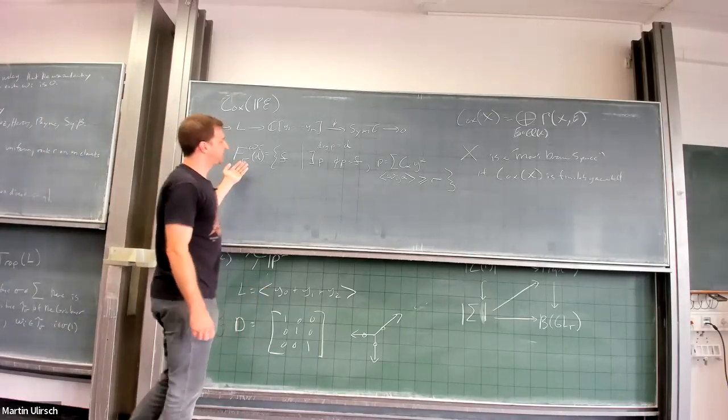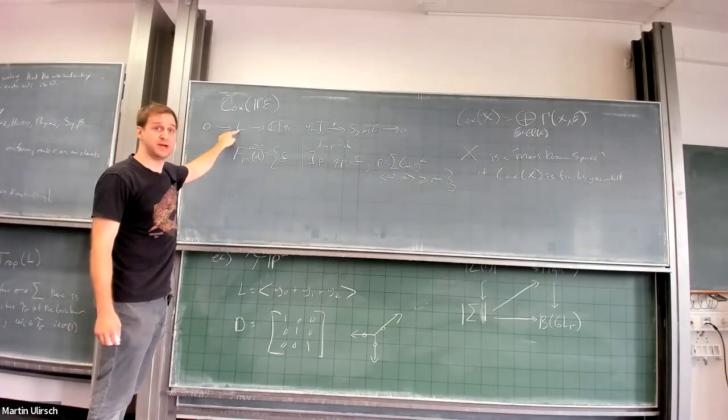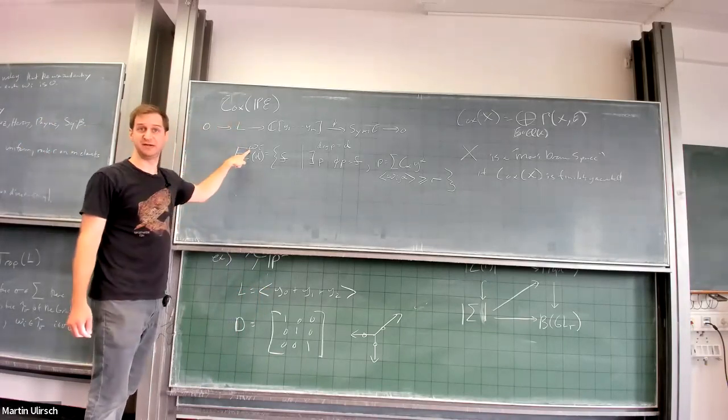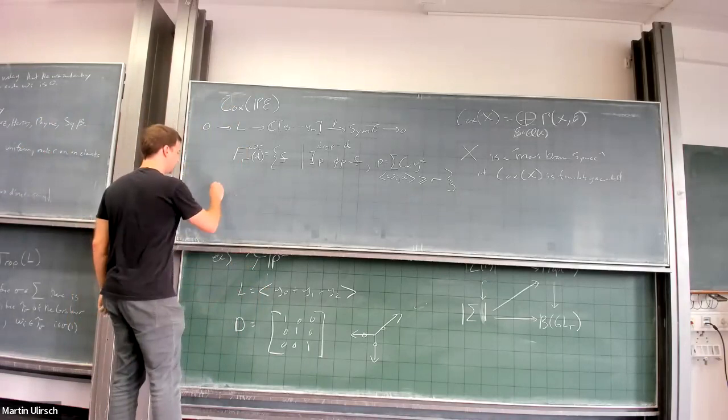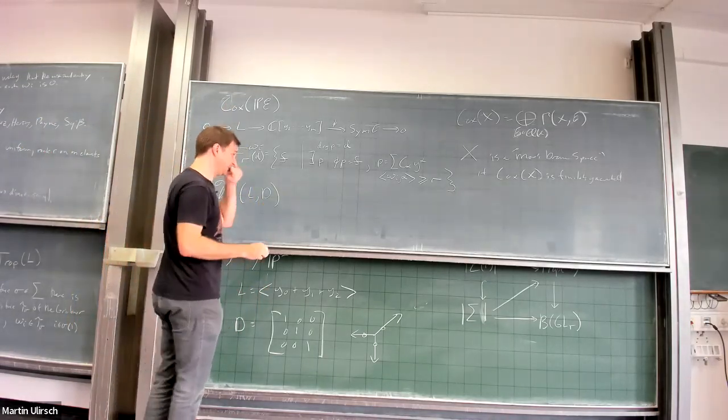So this is information that we can get entirely from L and D. There's L, and there's the ith row of D. And so this allows us to define a ring I'm going to call R_{L,D}.